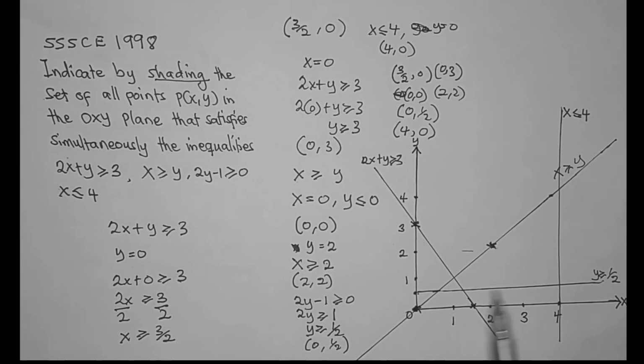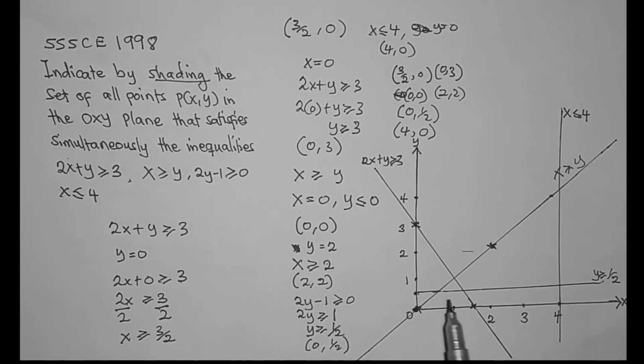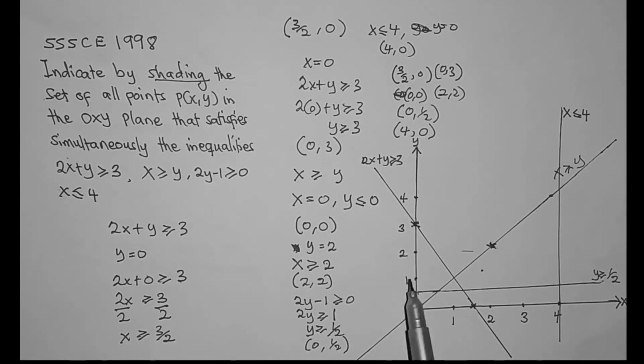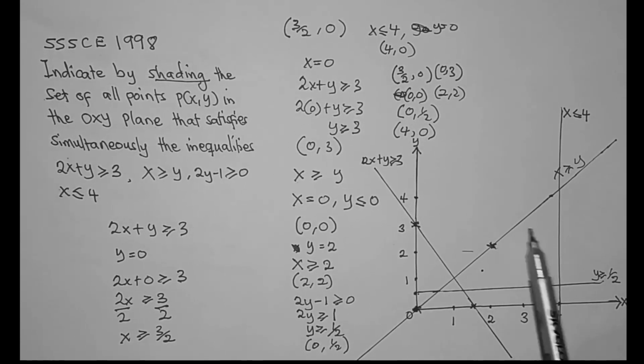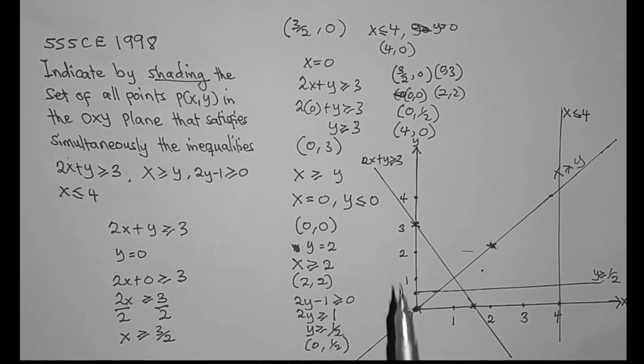We want to test whether this region is the required region. So (2, 1) is going to give us somewhere here in this region. So let's try (2, 1) and see.